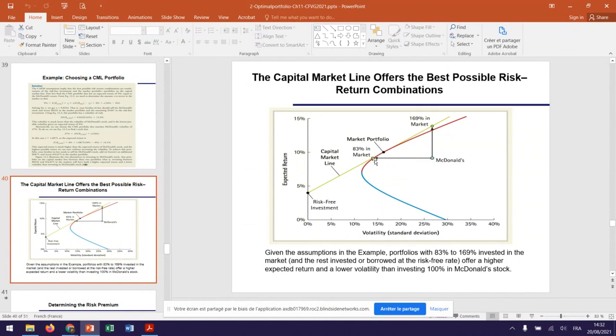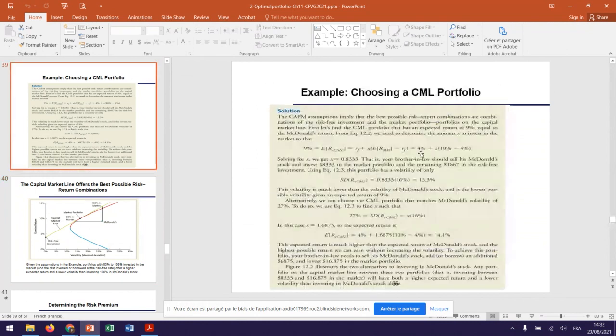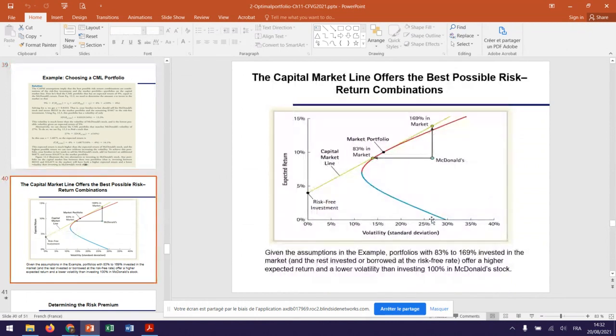Okay, in a similar fashion, you should be able to find out that if you want to keep the level of volatility of McDonald's, you can find a better investment by keeping the same level of volatility.